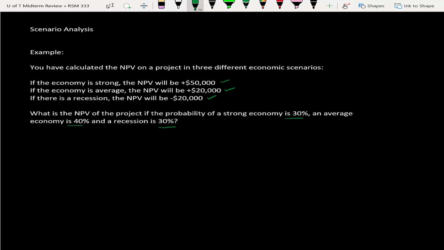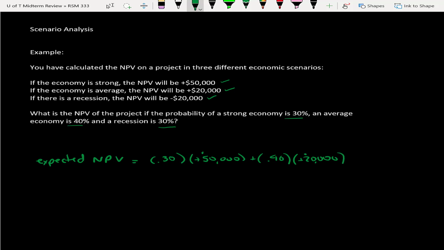So should you do this project? The expected NPV is going to be the weighted average of each of those. So we have a 30% chance of a strong economy that will result in a positive $50,000 NPV. And we have a 40% chance of an average economy that'll result in a $20,000 NPV.